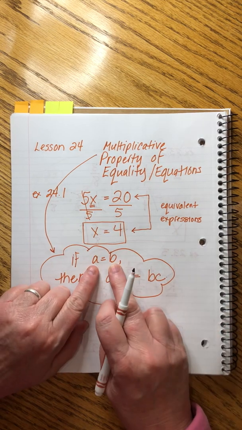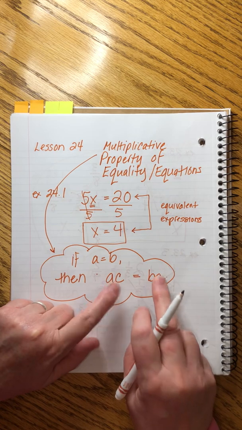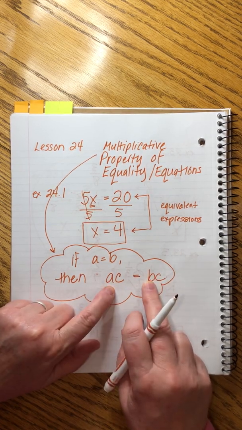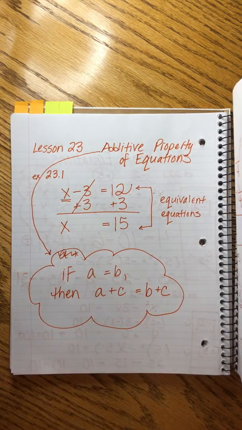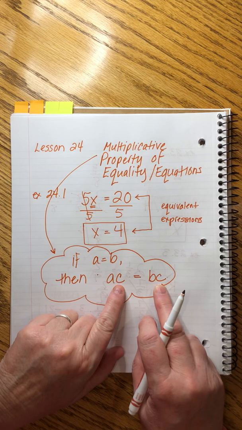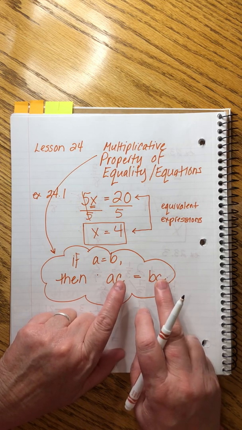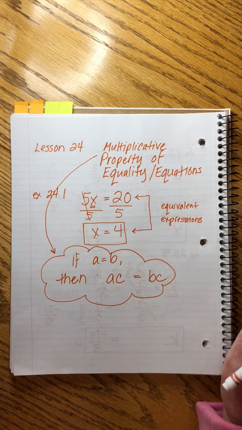And that is, if you've got an equation, you can multiply any number times both sides and it'll still be the same equation. All right? Just like here, we said you can add any number. And this works if C is a fraction, and it works if C is a whole number. It works if C is positive. It works if C is negative. Okay? Yeah, that's all I want to say about that.